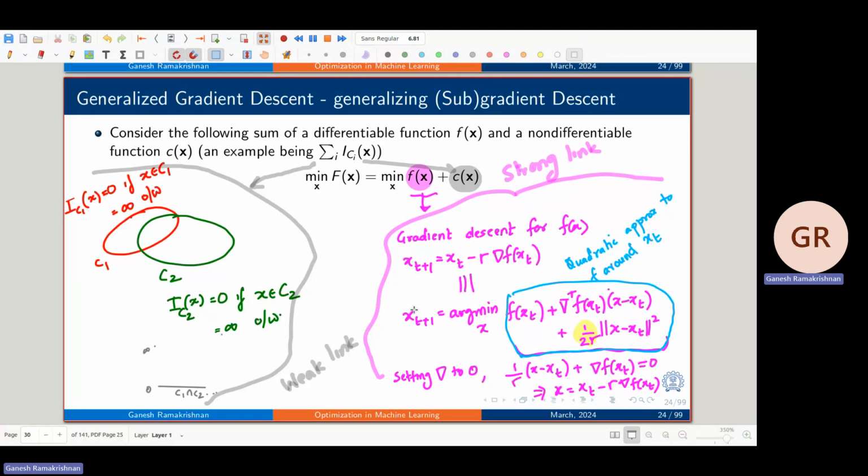A quadratic function plus one norm. What would happen? Could I actually compute a subgradient for this function and actually find an optimal solution to this subproblem? I'm not saying the original problem.